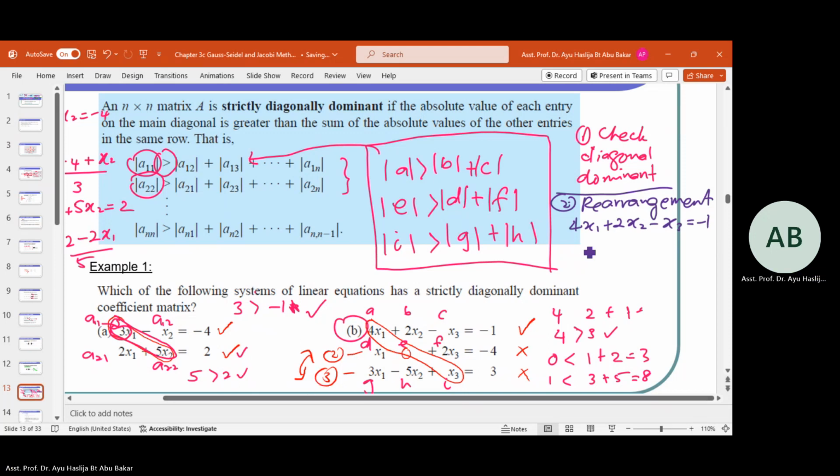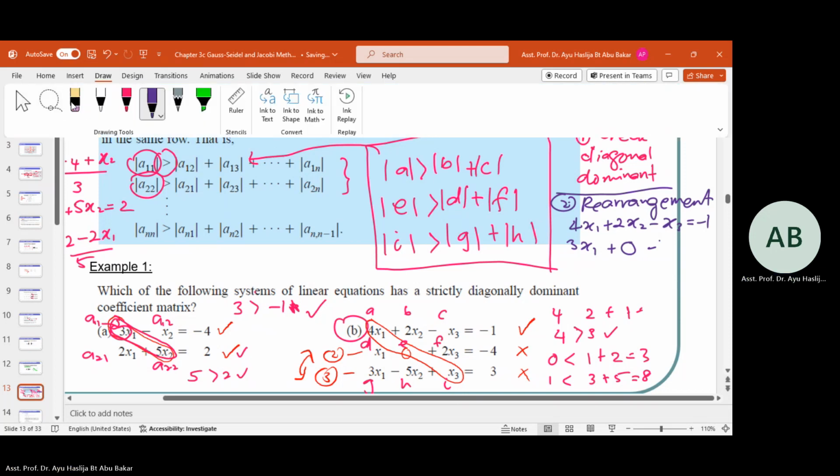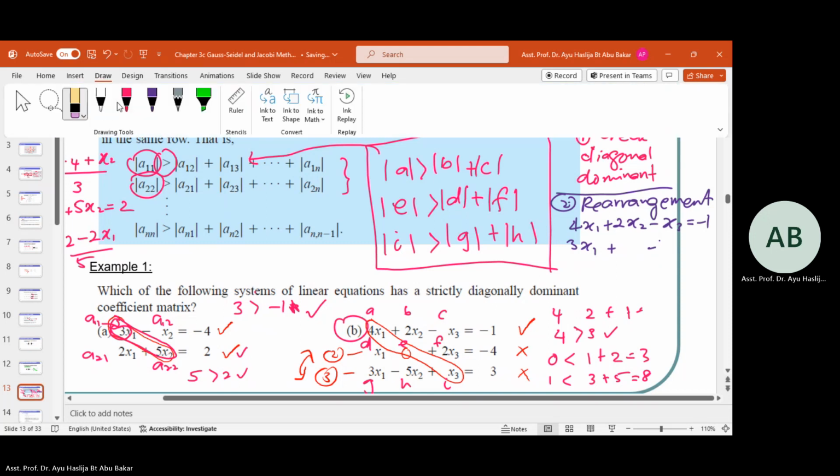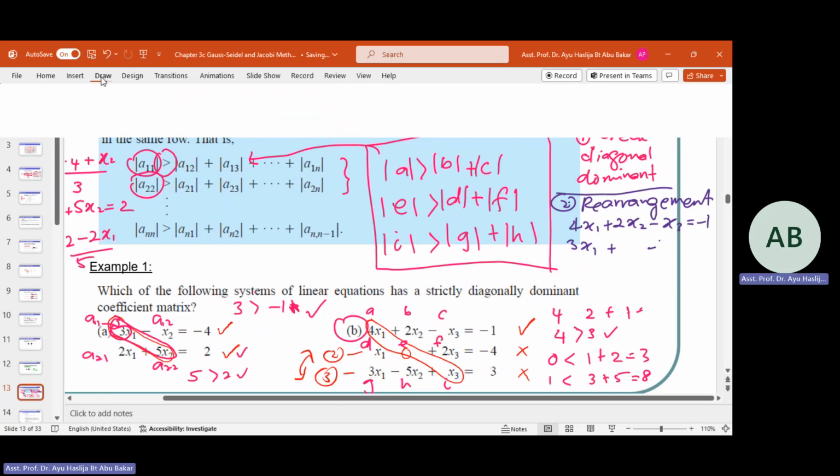Three moves to 2. So 3x1, plus 0 x2, then, sorry, 5 x2, sorry, plus, minus.